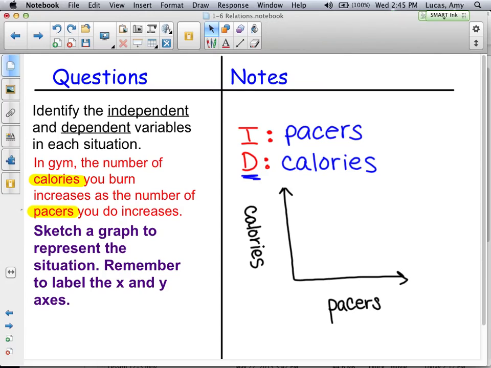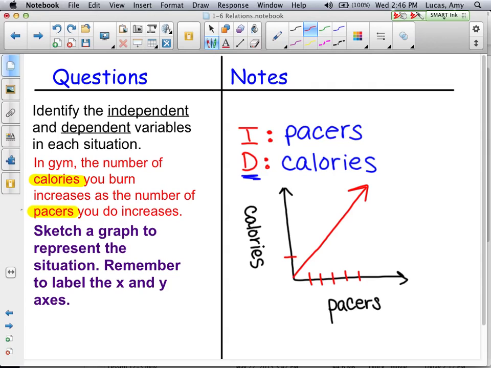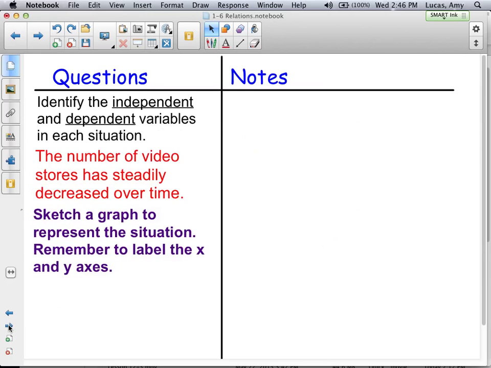The more pacers you do, the more calories you're going to burn, so it's going to be going up. As one goes up, the other one goes up with it. So that's my estimate.